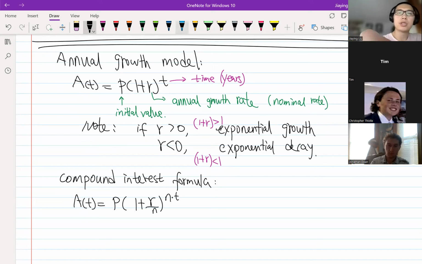Now this is similar, so the P is the initial value. But usually in the compound interest formula, the P is the initial deposit, how much we put in at the beginning, which is the principal.